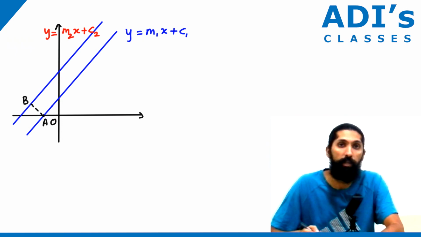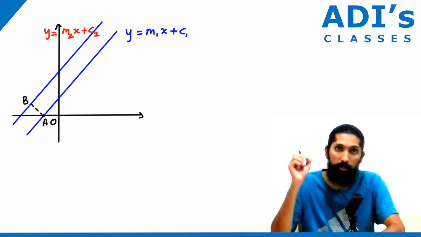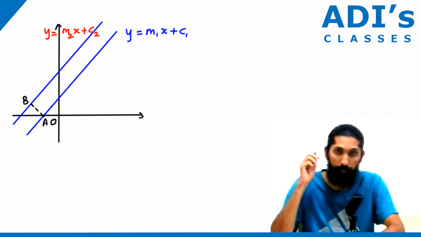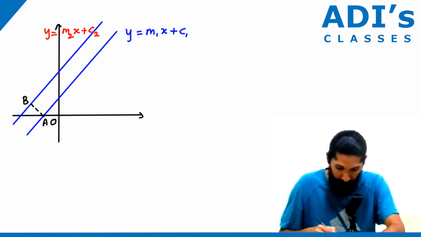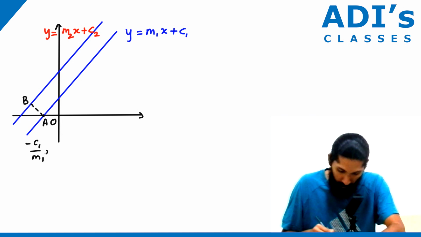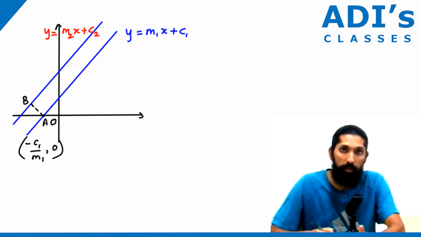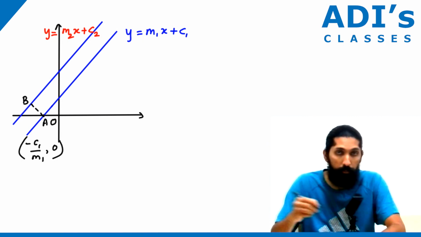Point A is nothing but the x-intercept of the first line, and we know the formula for that. So you are going to get minus c1 divided by m1, comma 0. But since the two lines are parallel, can we not say that m1 is equal to m2?